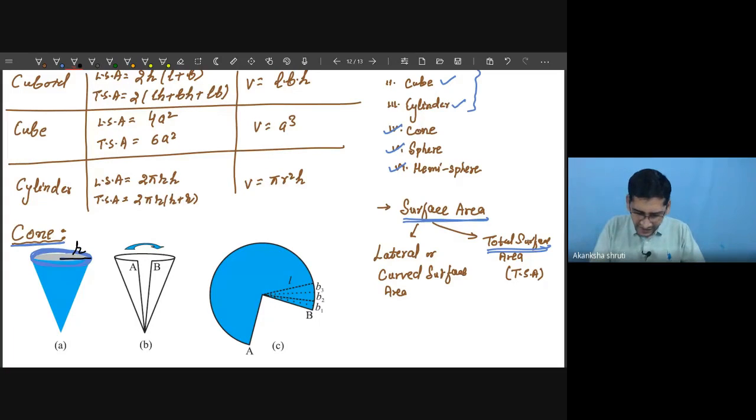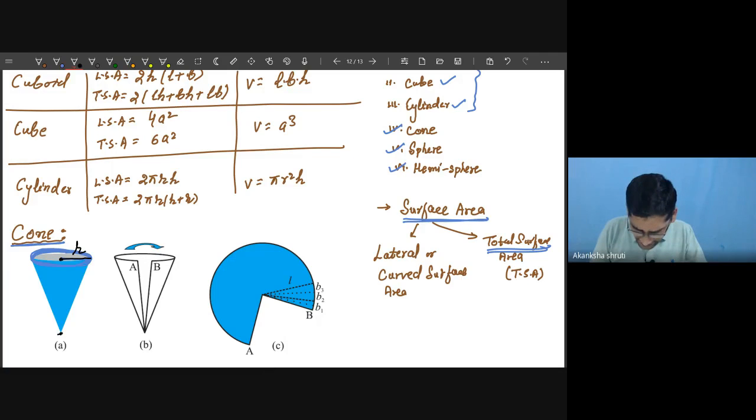The center of the base, wherever the circular area is, only one circular area, and the other is the tip or vertex.